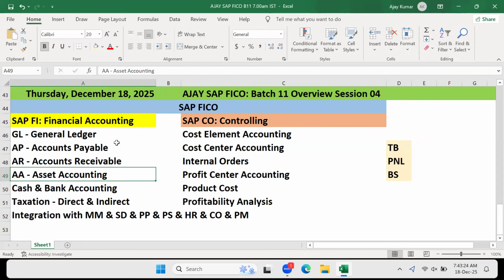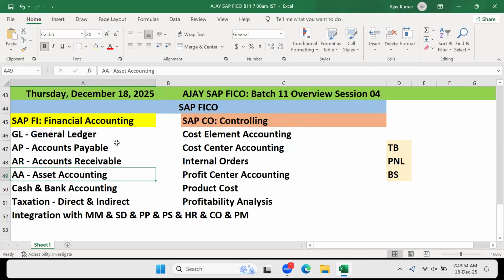But this purchase order is created for purchasing only, right? When you purchase, is there any accounting or no accounting? There will be accounting. When you purchase something, accounting will be there, but here the accounting is not directly posted. Accounting is posted based on the purchase order, right or wrong? The purchase order is the base for your purchase accounting.